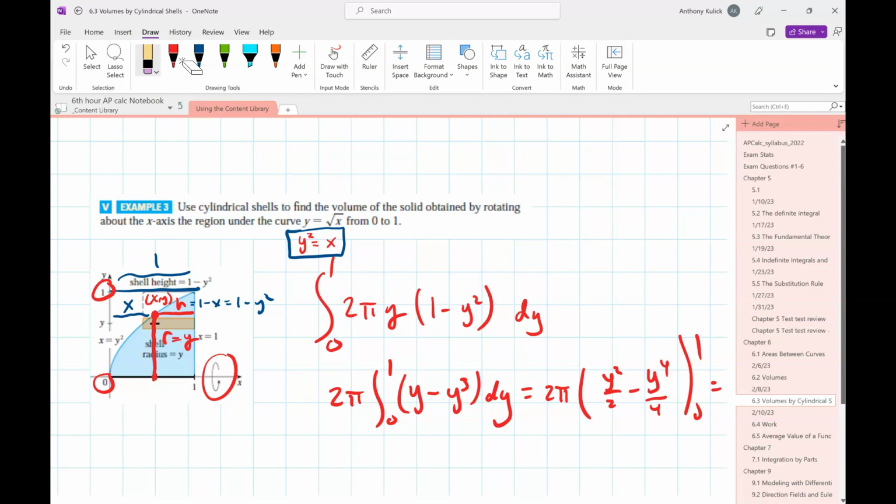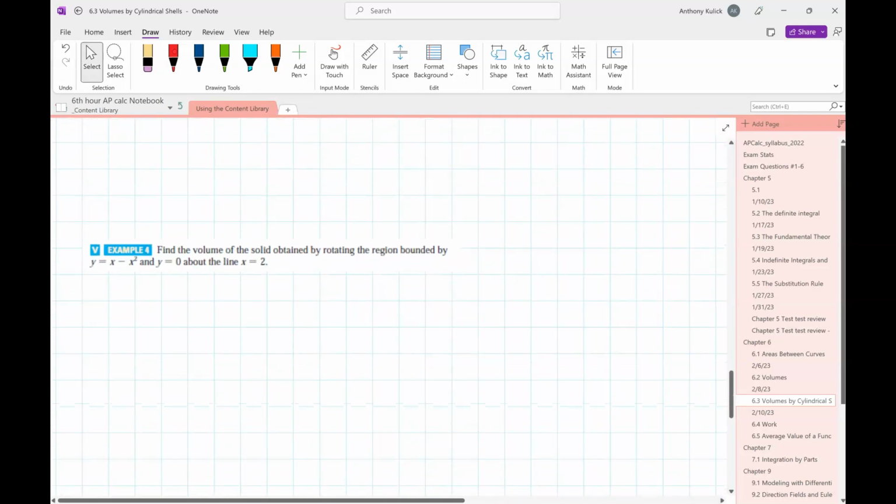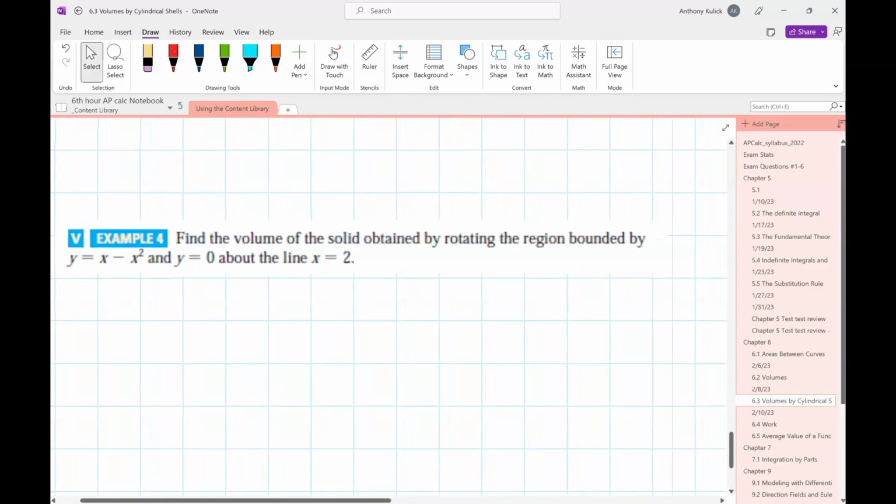If this was rotating about the other axis, we'd write this as x comma square root x, instead of x comma y. Does that feel okay? Yeah. All right.